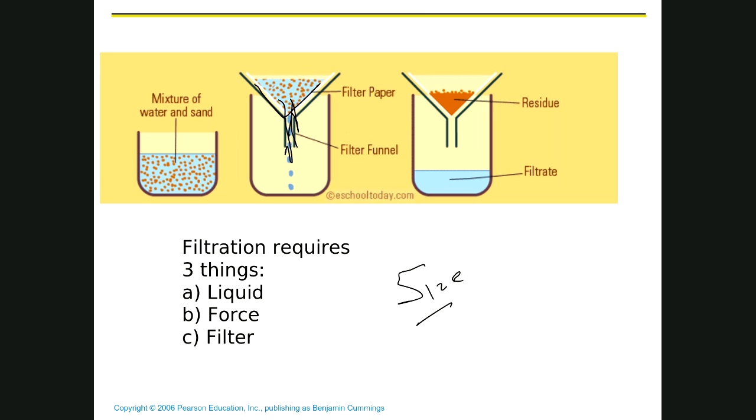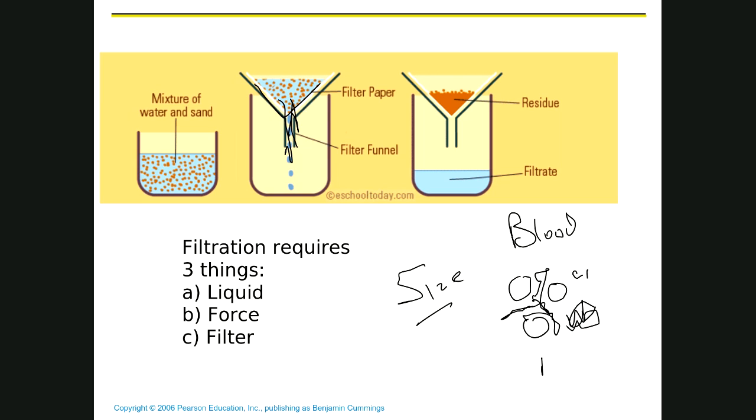So let's think about blood. If you look at whole blood, it's got red blood cells, white blood cells, and little platelets in it, but there's tons of liquid in here. But remember, plasma is not just water. Plasma's got all kinds of stuff in it.